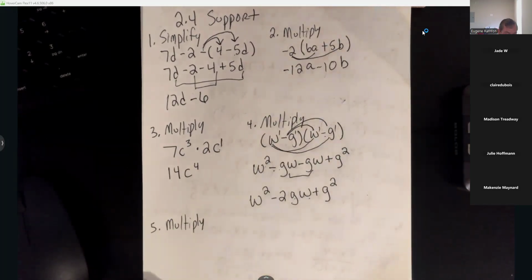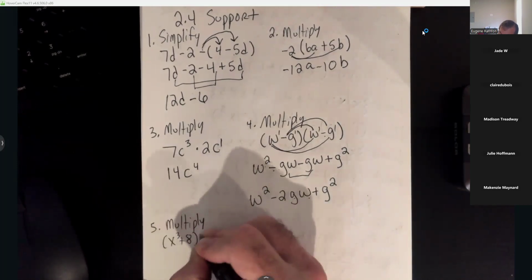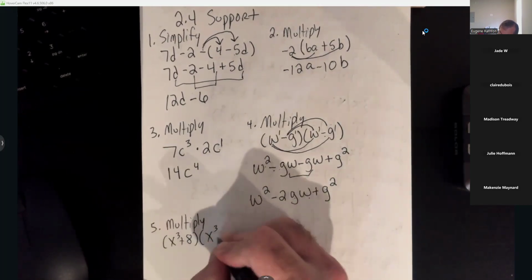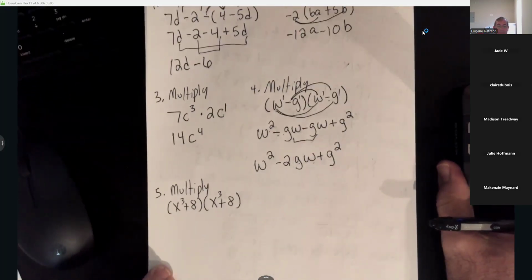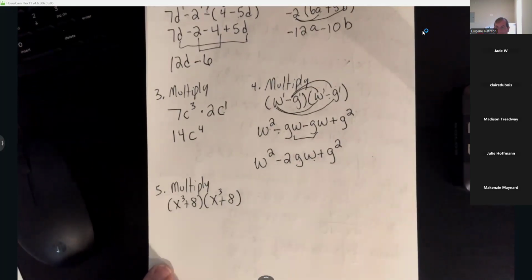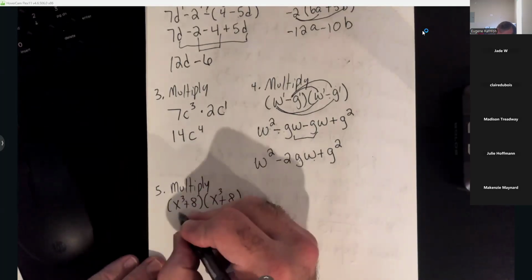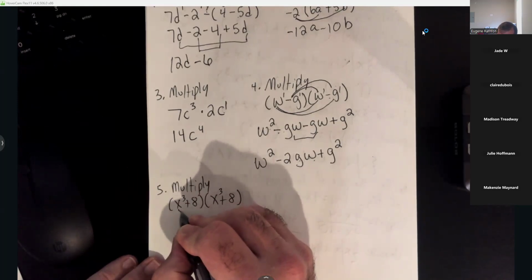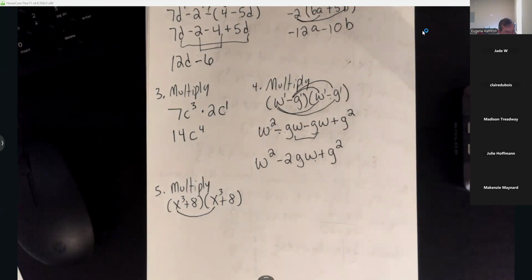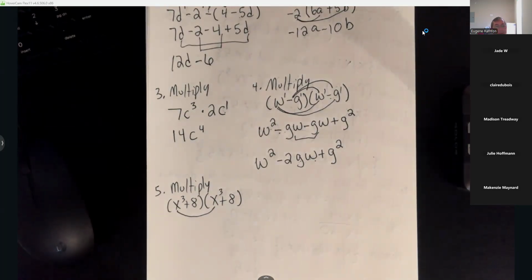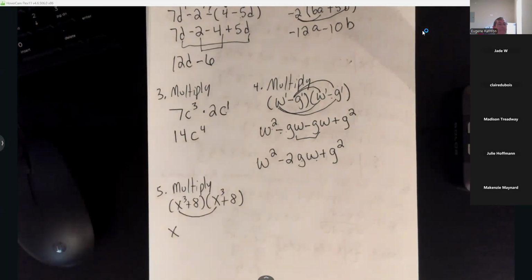All right, y'all. Support has one more. It has the x cubed plus 8 times the x cubed plus 8. So what do y'all get when y'all multiply this? X cubed times x cubed. So give me the exponent. That'll be an x to the what?